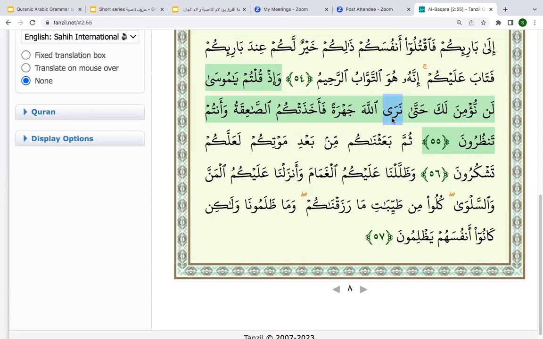Mudare Mansoob bil fatatuz. Yes, Hatta made it hidden an after Hatta made it Mansoob, but Mudare Mansoob bil fatatul muqaddara, right? Bil fatatul muqaddara alil alif. So this word muqaddara you are not supposed to write, but you should be able to identify it. Will you be able to do so?